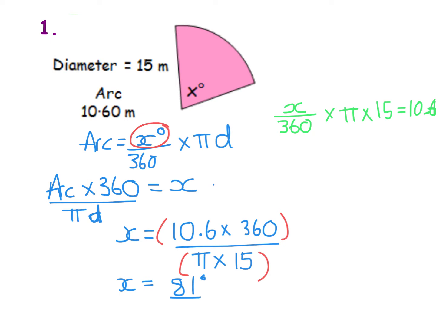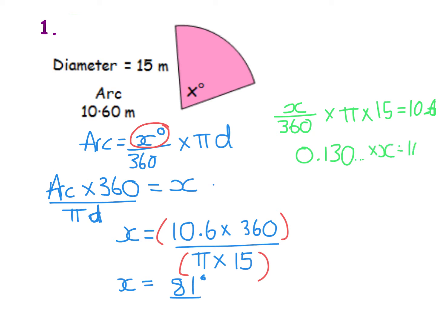So another way of doing it is you could work out what pi times 15 divided by 360 gives you. It gives you this ugly big decimal of 0.130... I'm using the exact answer in my calculator, but I'm not rounding.